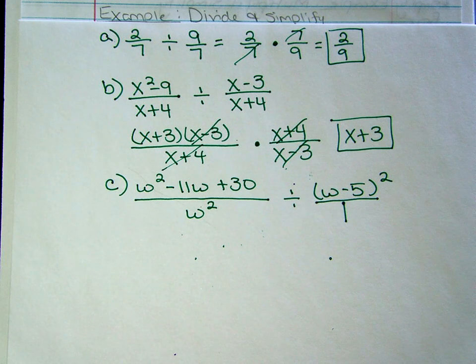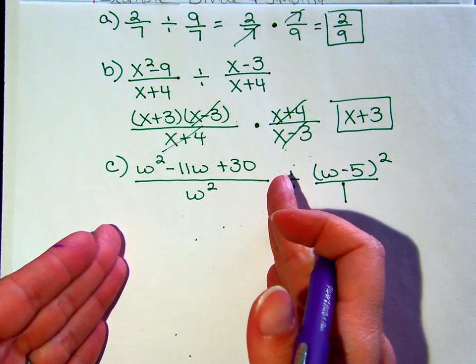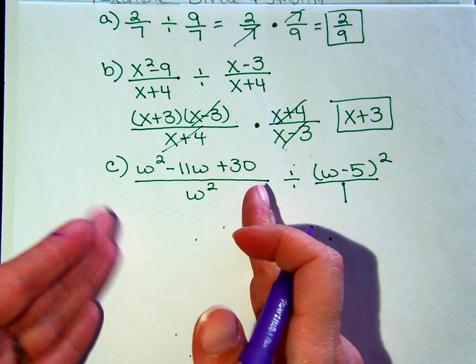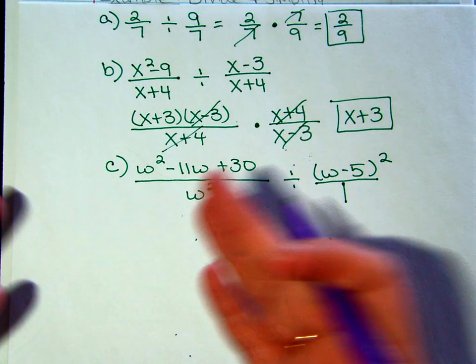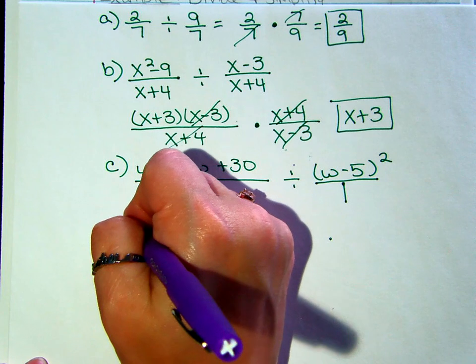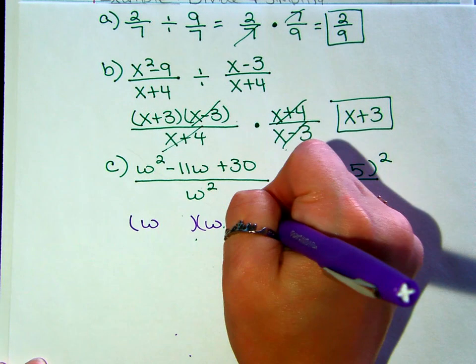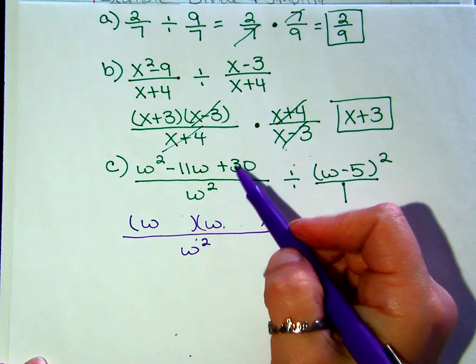So now we're going to keep the first fraction. And either you can write it down exactly as it is first, or you can go ahead and factor the top. It's whatever you're more comfortable with. I like to go ahead and factor the top just to save some paper space. I know I'm going to have a W and a W. It's a positive in front of my C, so that tells me the signs are the same.